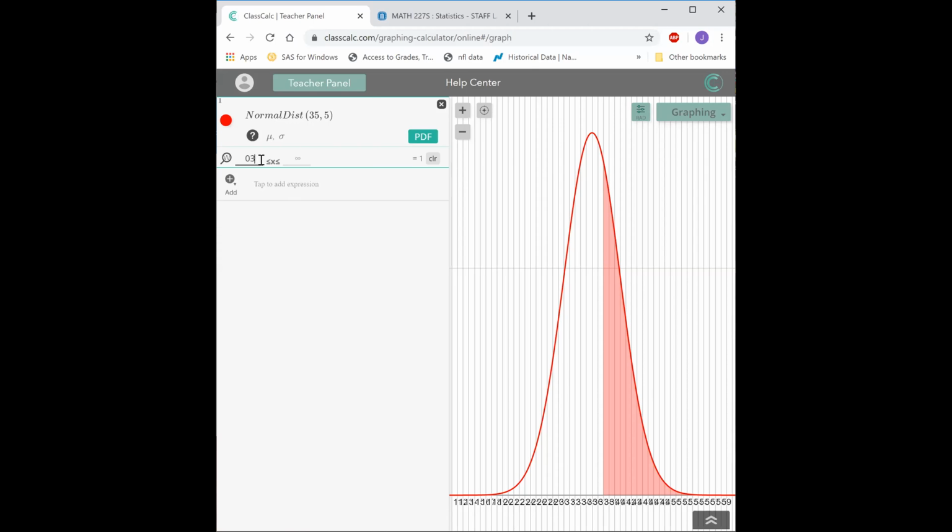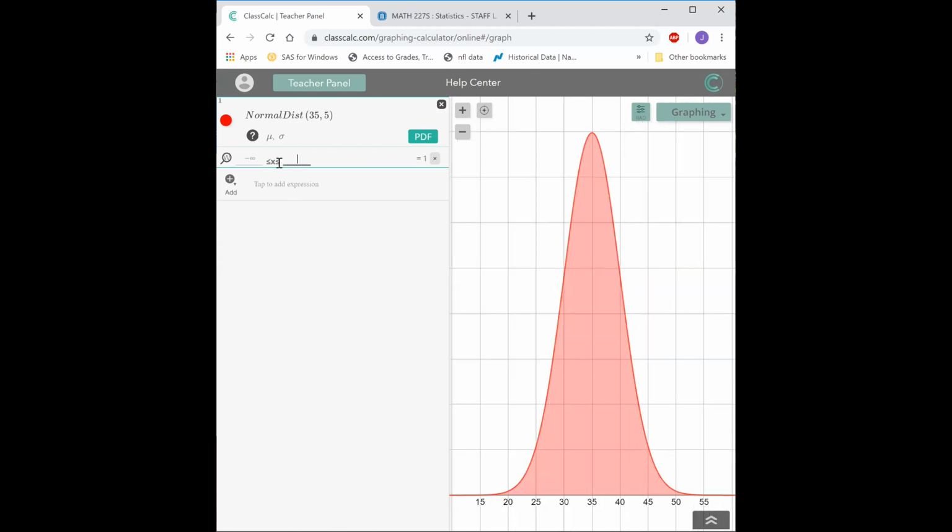If you just clear this, it will automatically regenerate the negative infinity. Then I put my upper bound as 24, and we get the probability that x is less than 24 is equal to 0.0139. And that's it for how to do it with ClassCalc.